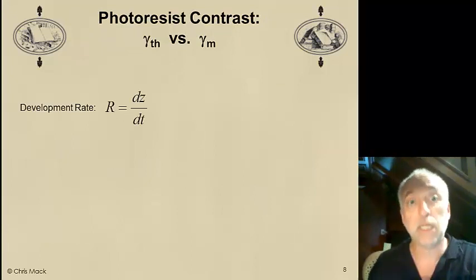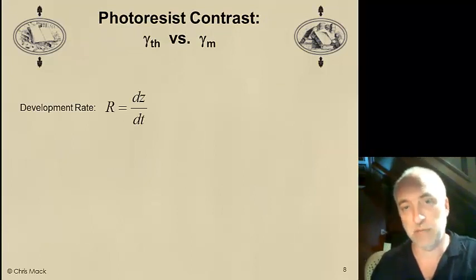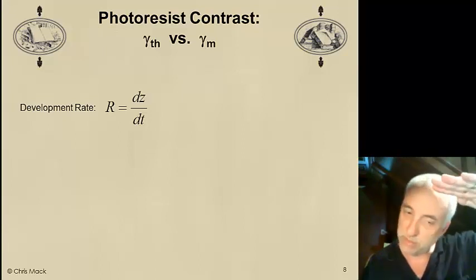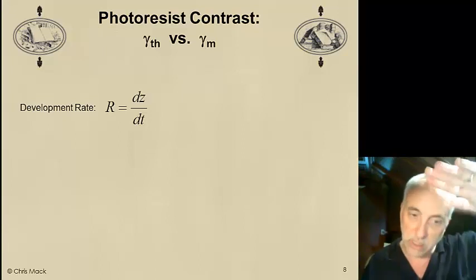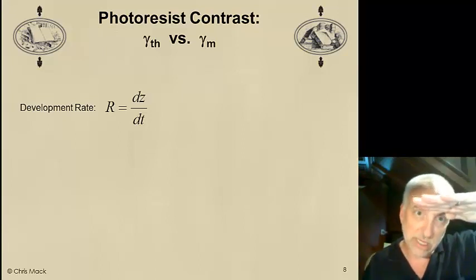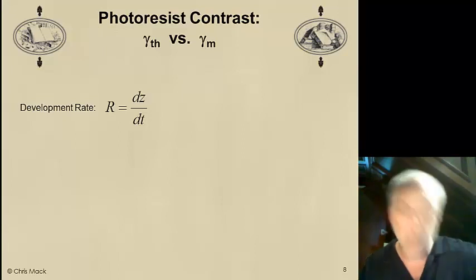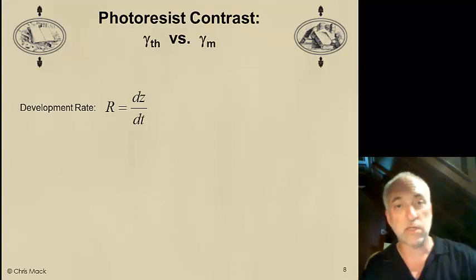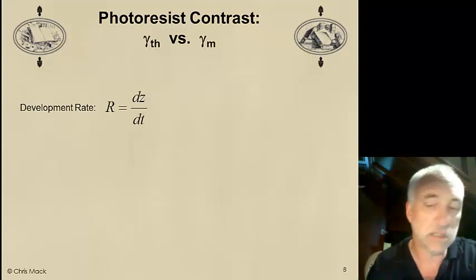We can. Let's start with the definition of development rate. Development rate is dz dt. If I'm doing a standard contrast curve measurement, I'm developing normally. That is open area exposure. The thickness of the resist just moves down as I develop. If z is the thickness of the resist, dz dt is the development rate.